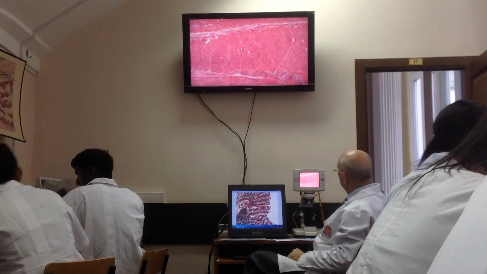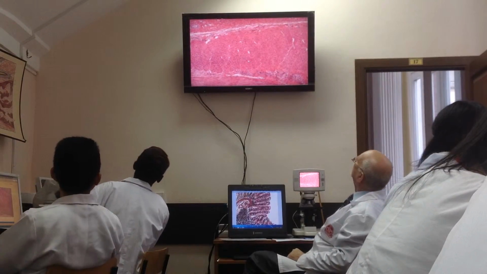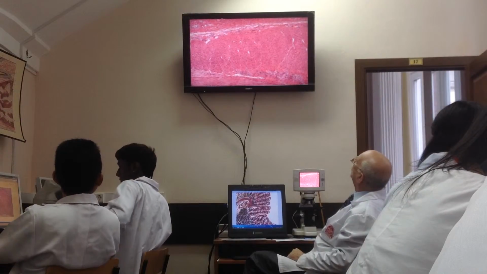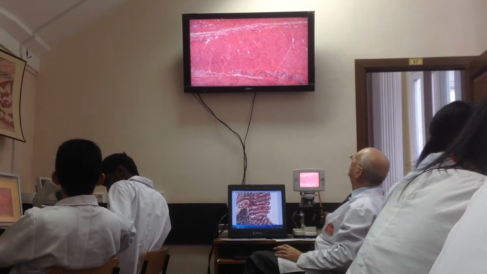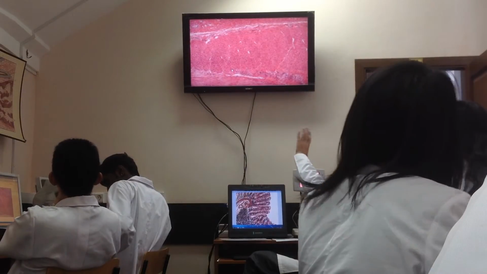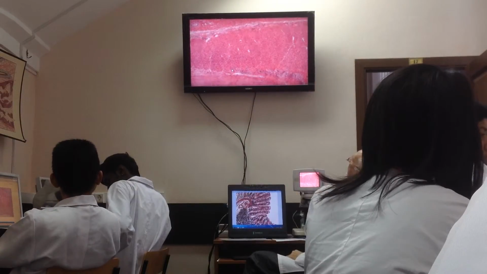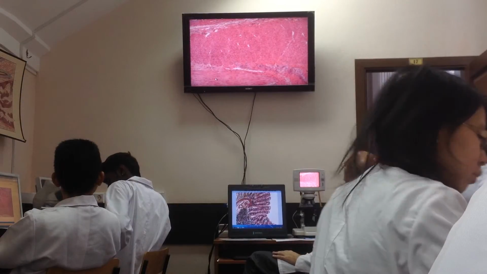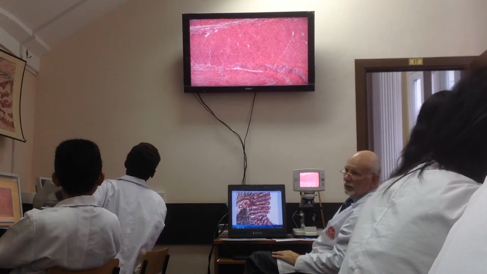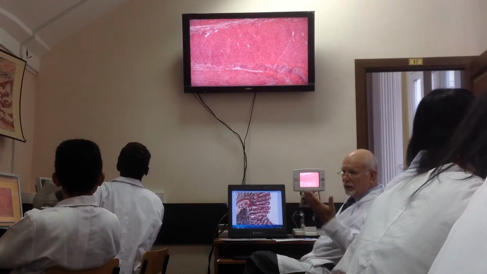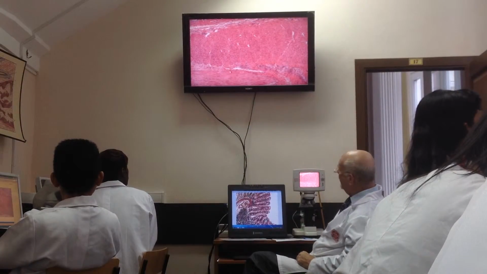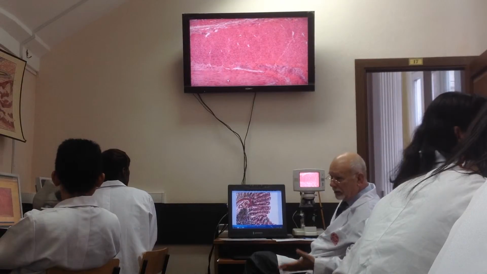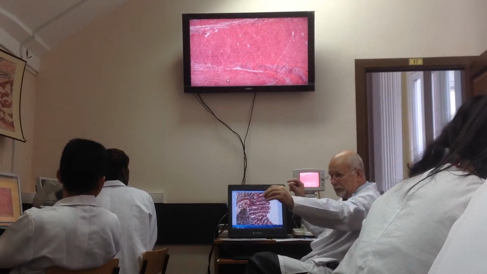Now look, you see groups, bundles of smooth muscle cells, and the nuclei are round. At low magnification we can differentiate. And here you see rod-like nuclei. So cells are cut in different planes. Here cells are cut across, here along. Along, rod-like nuclei.